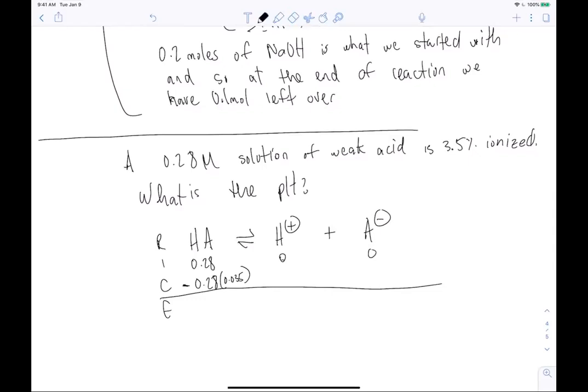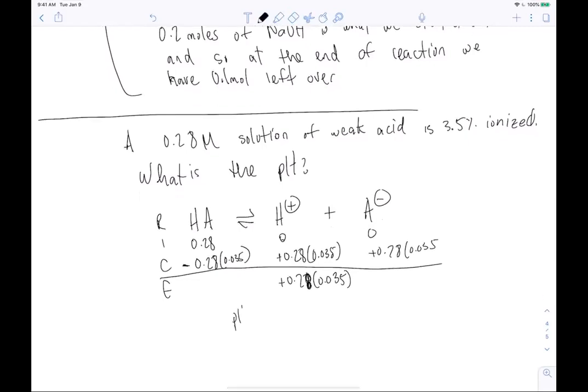Is that the amount? Yeah, and then over here, you're just going to gain that. You gain it for both of them. And so our final concentration of H plus is equal to this.